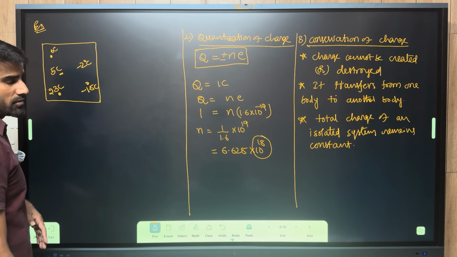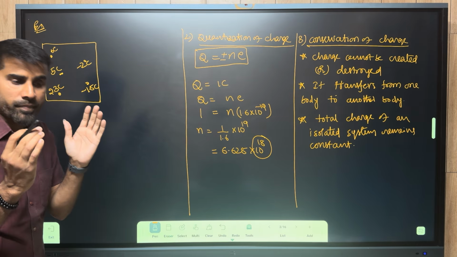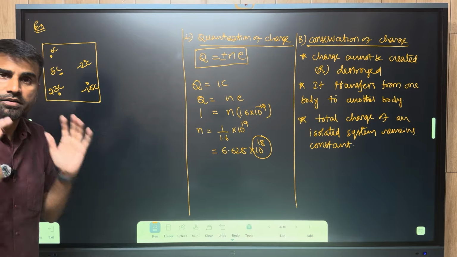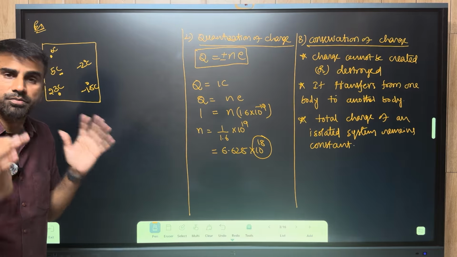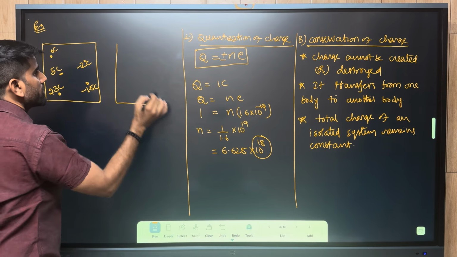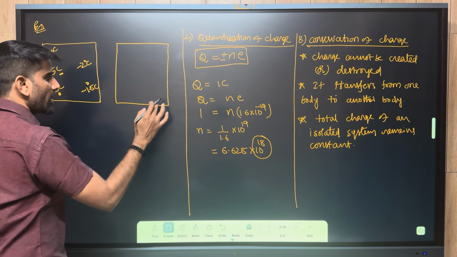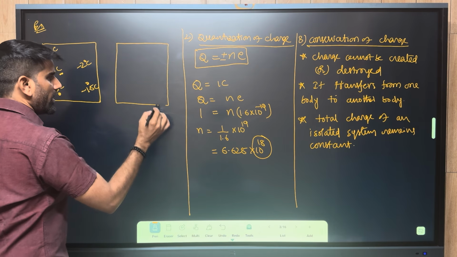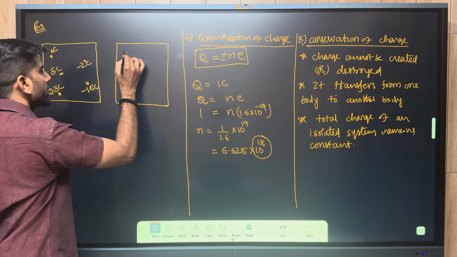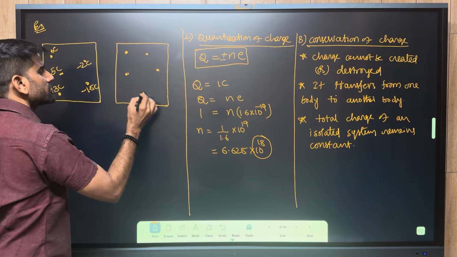Now let's take this chamber, and I have shaken it for some time. Then I have kept it like this. Now I picked up the same particles, they are somewhere around.